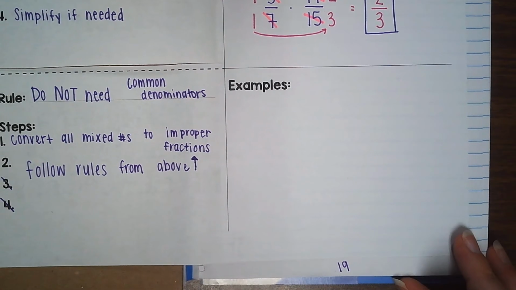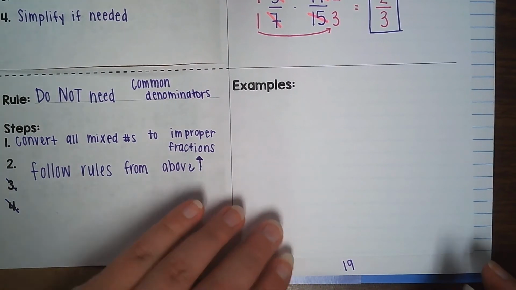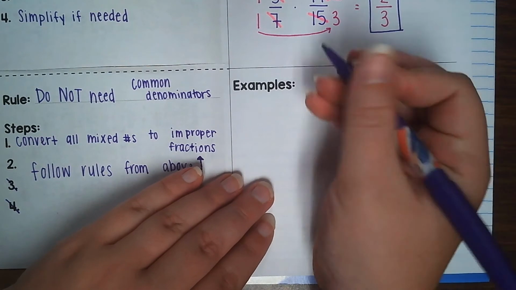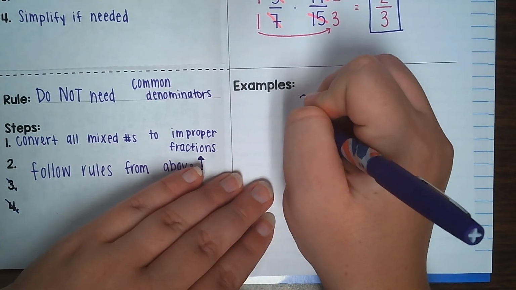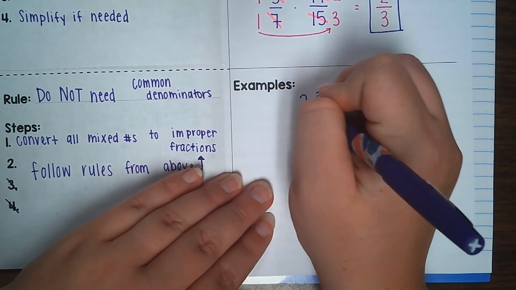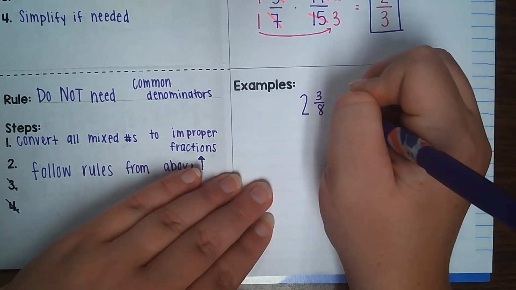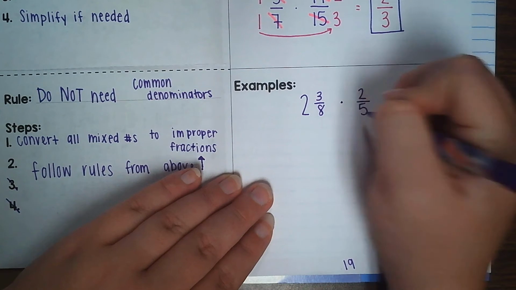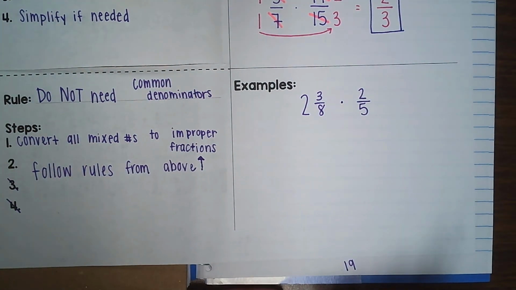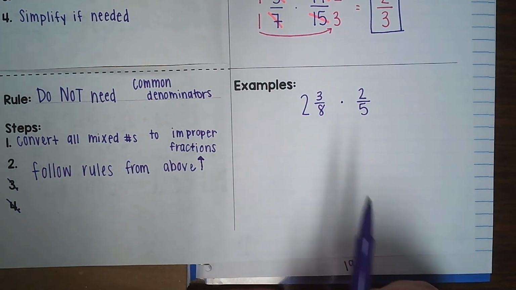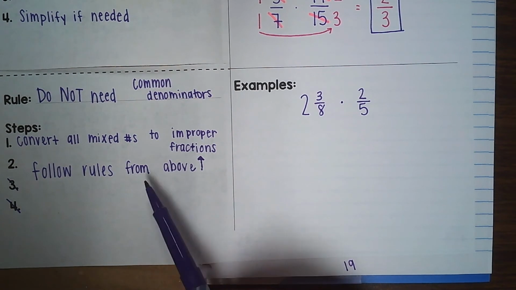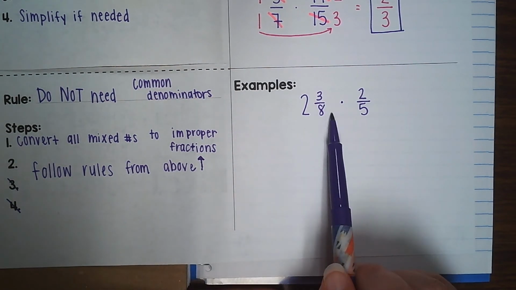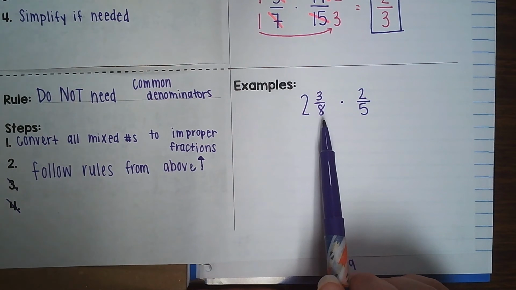Okay, so let's look at an example. My example is 2 3/8 times 2/5. So the very first thing I need to do is to convert all of my mixed numbers to an improper fraction.